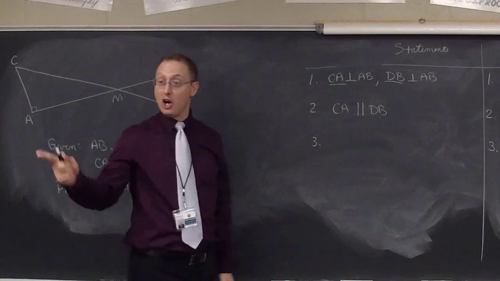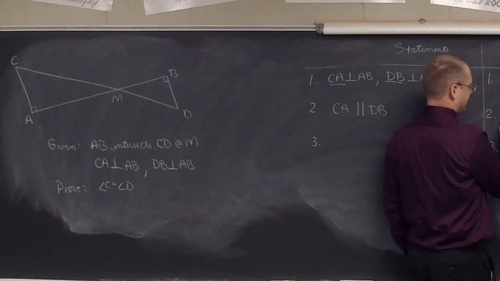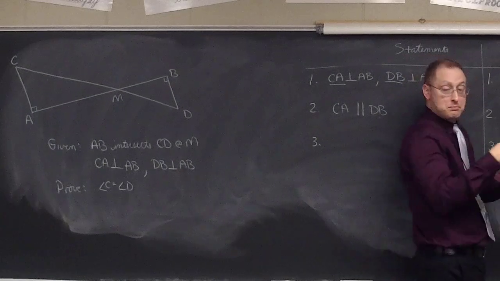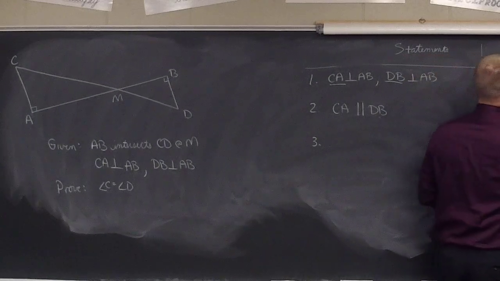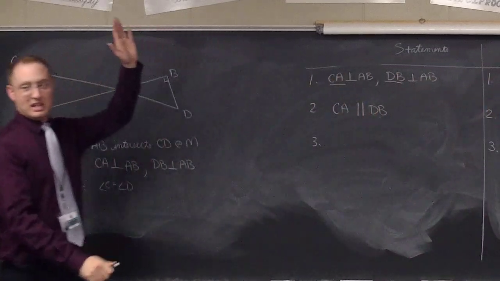Yeah. They are! So what's my reason, Lana? They are perpendicular to the same line? Therefore they are parallel. Lines perpendicular to the same line are parallel. How many had that for your reason?